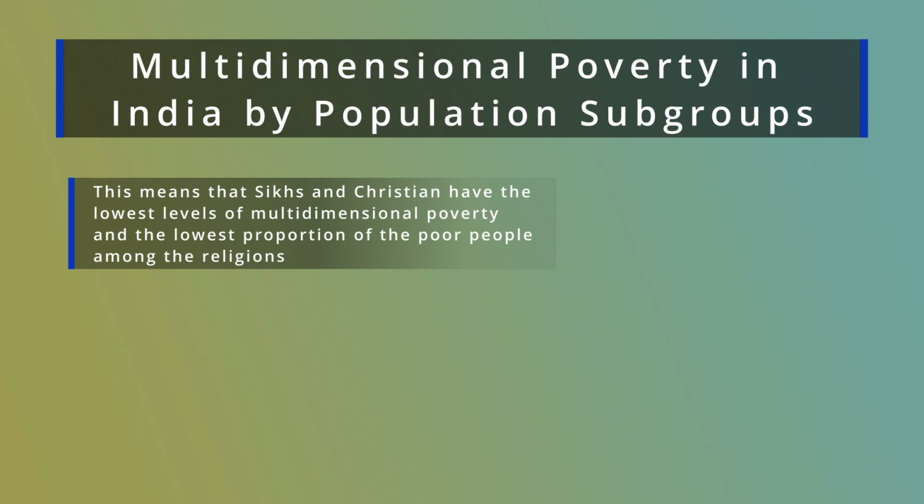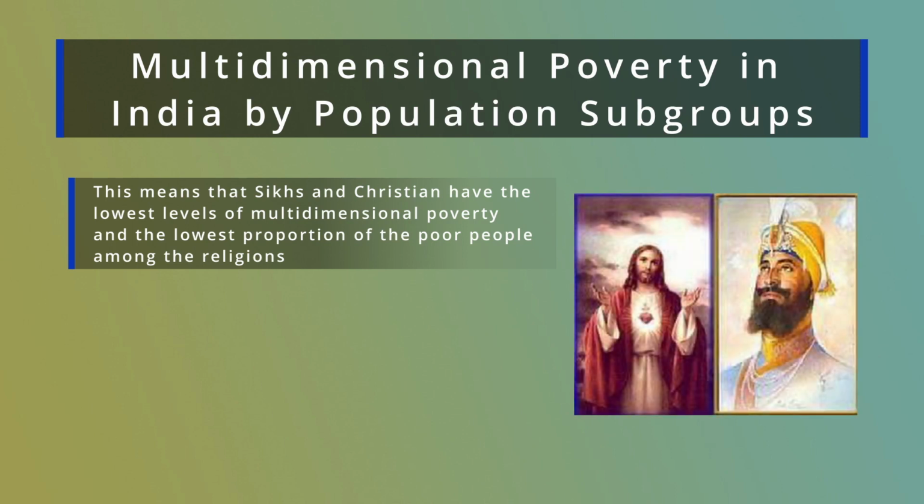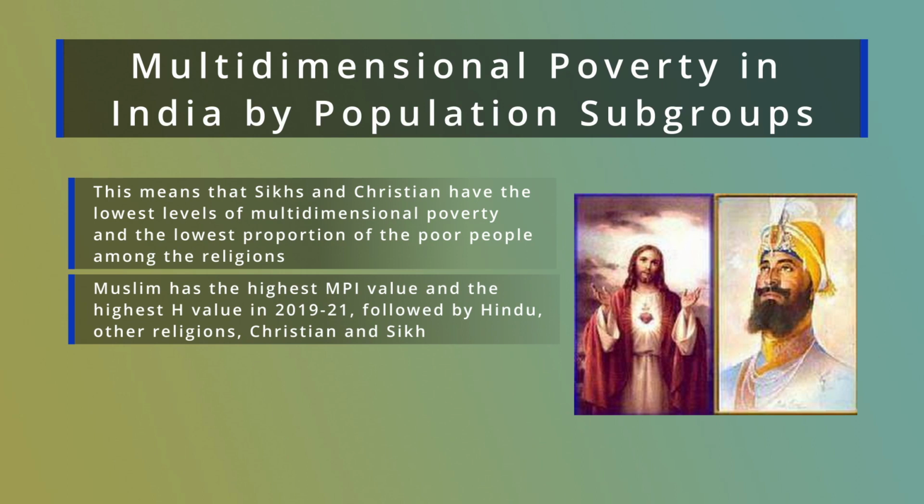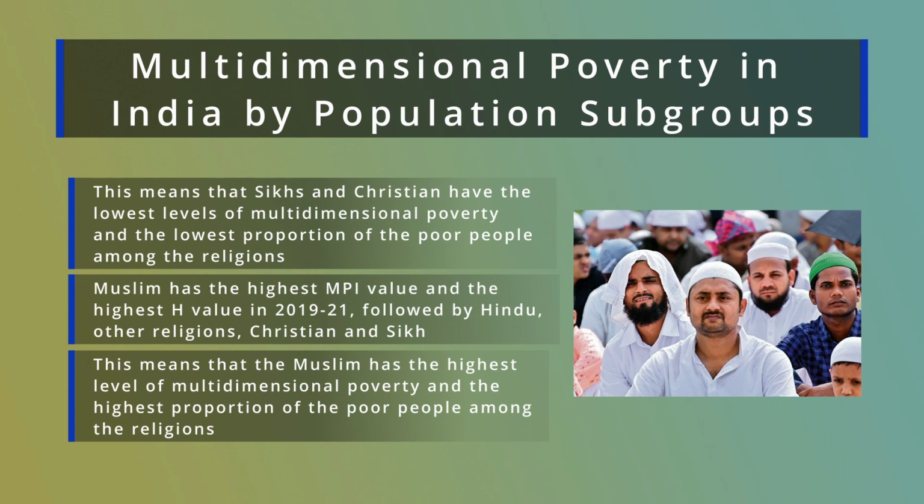This means that Sikhs and Christians have the lowest levels of multidimensional poverty and the lowest proportion of the poor people among the religions. And Muslim has the highest MPI value and the highest H value in 2019-21, followed by Hindu, other religions, Christian and Sikhs. This means that Muslim has the highest level of multidimensional poverty and the highest proportion of the poor people among the religions.